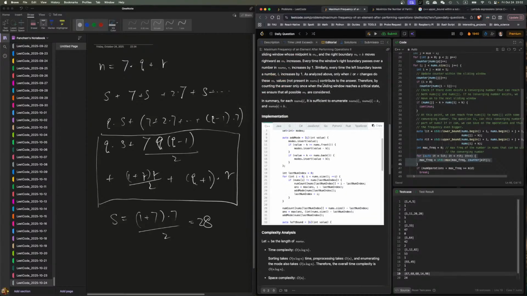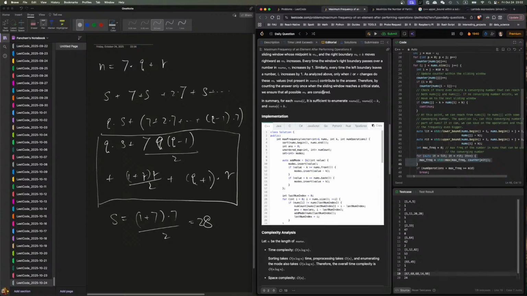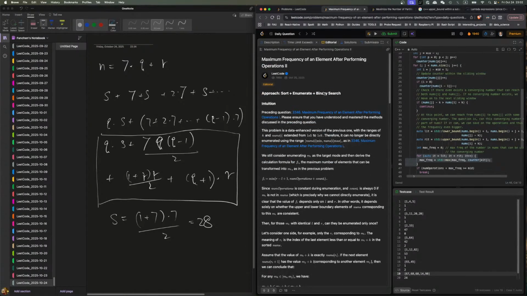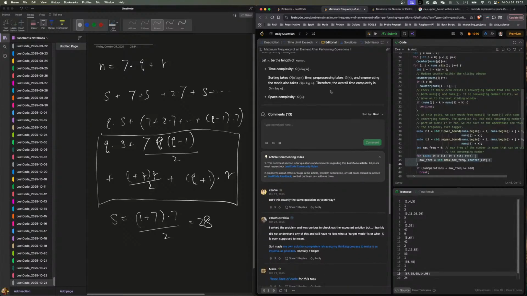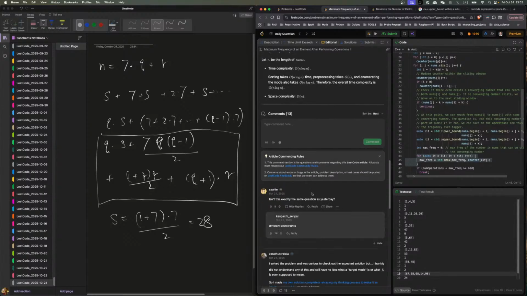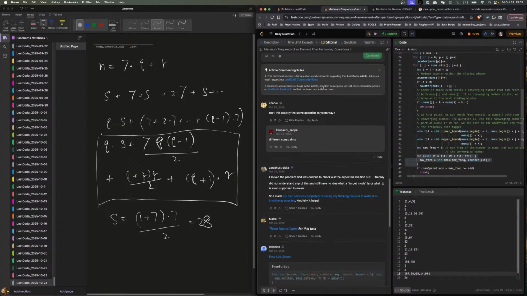I think it's time to read this and understand how this one can be done. Sort, enumerate, and binary search. Yeah, it's different constraint. Very, very different constraint.